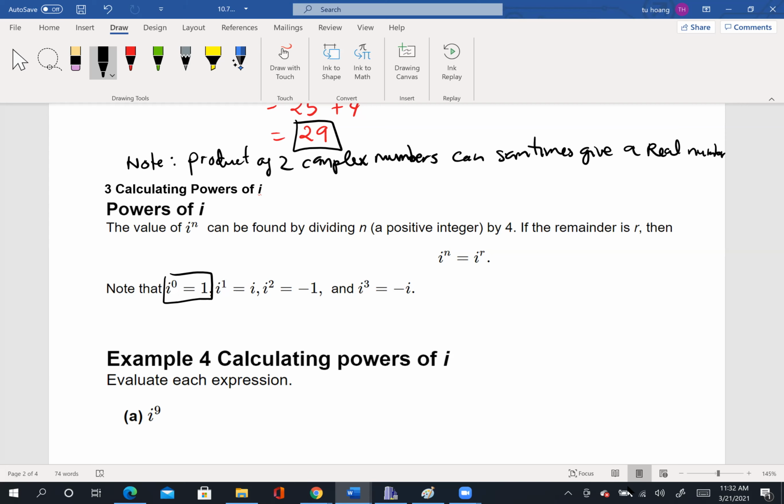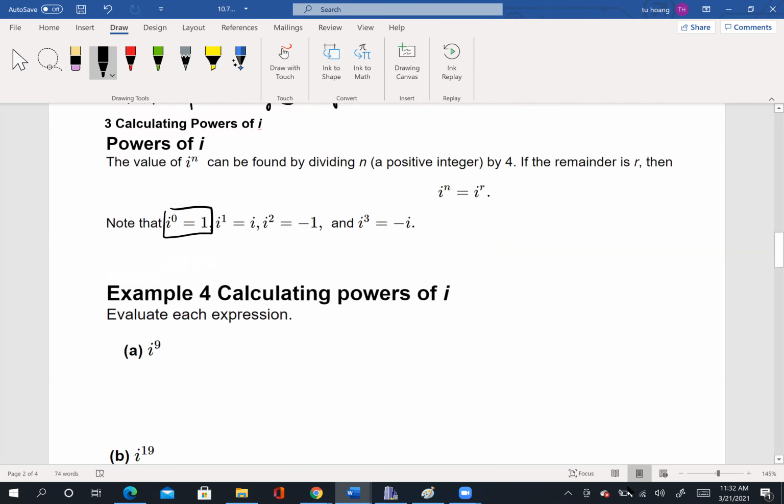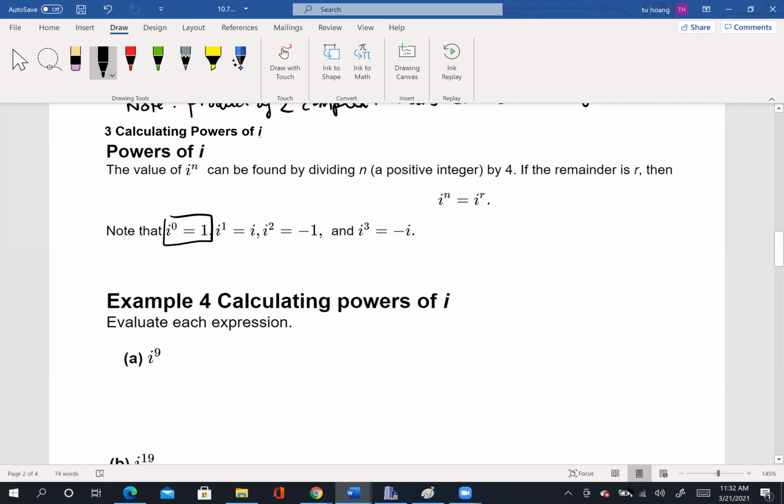Okay, so let's have an example for the power i to the power n, and how can I convert it to become i to the power r.